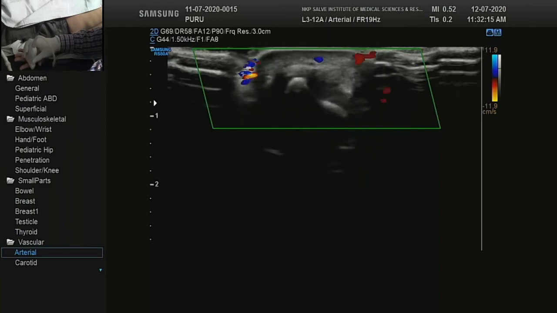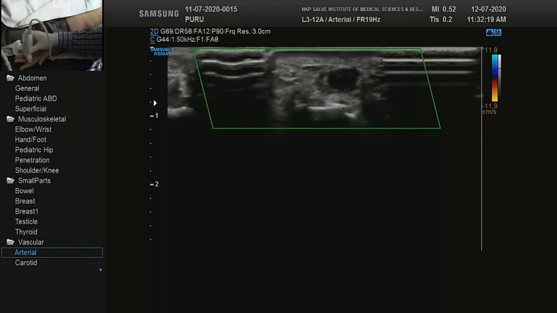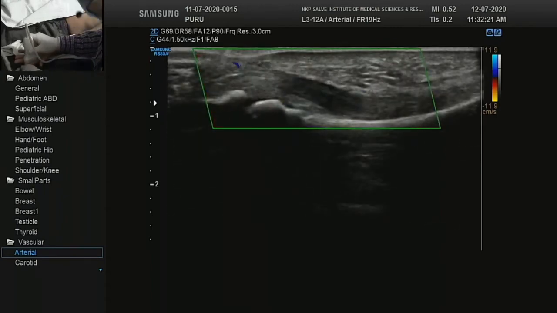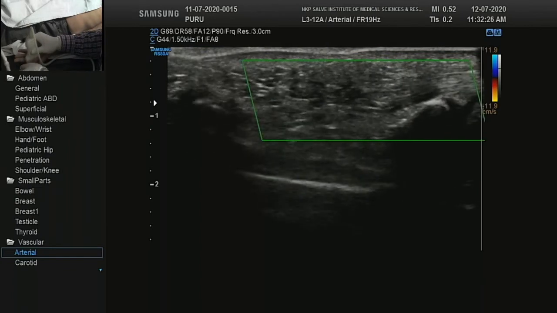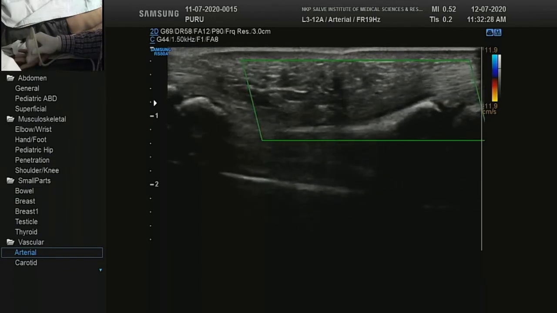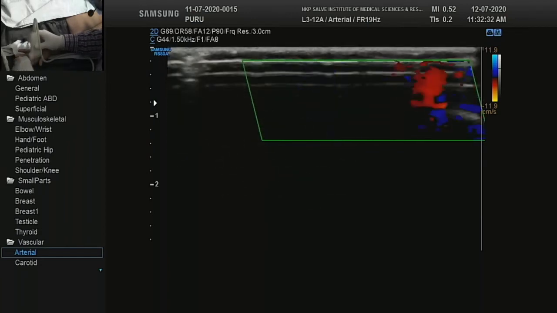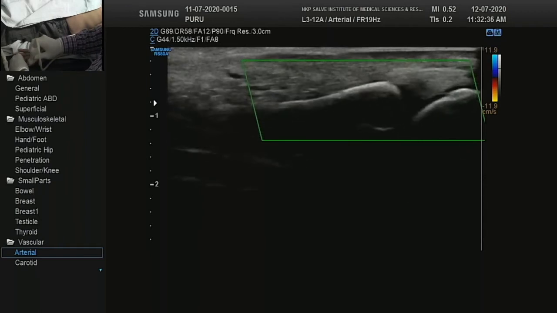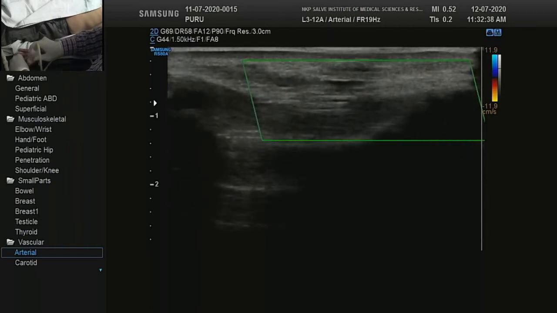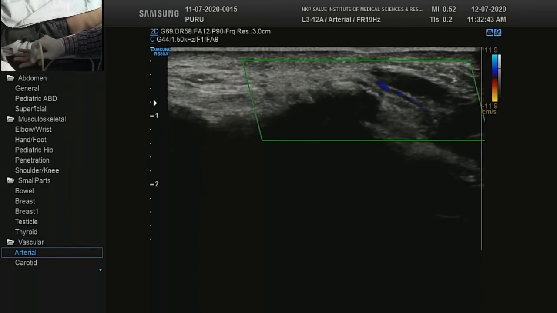You can see them in transverse and longitudinal planes, in every digit. Keep the probe in the midline, over the proximal phalanx. Just move your probe laterally and you can see that artery. That is the artery coming.